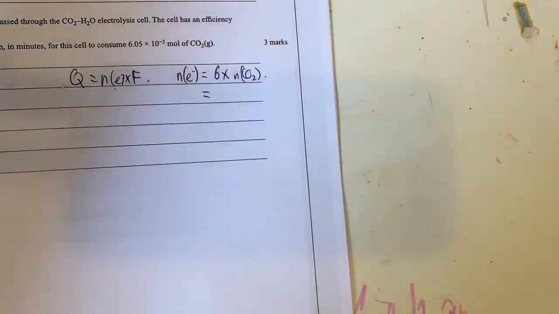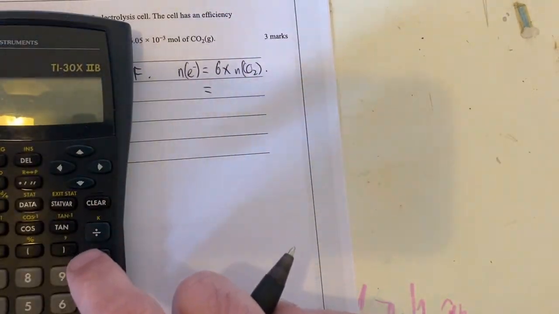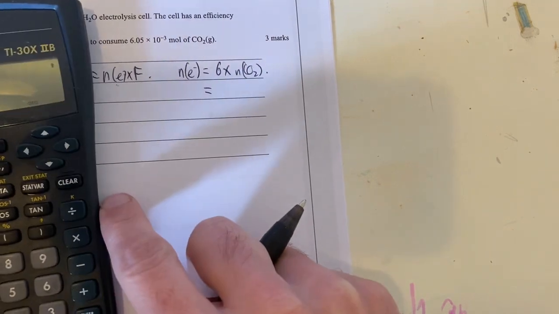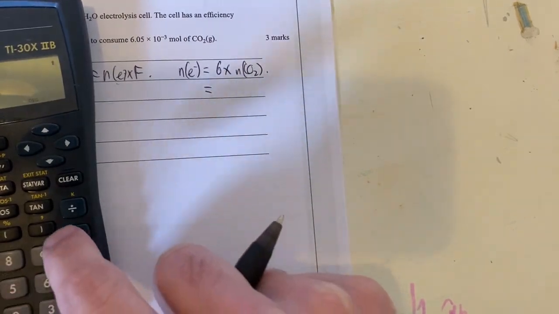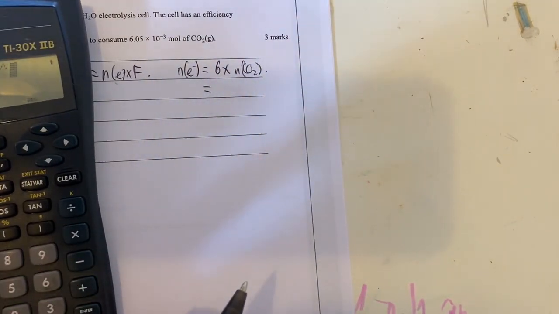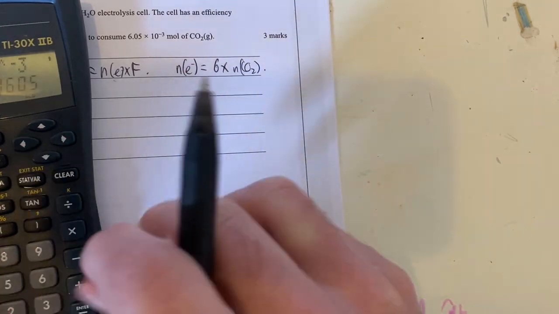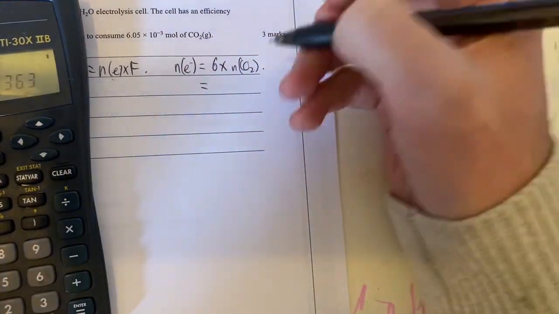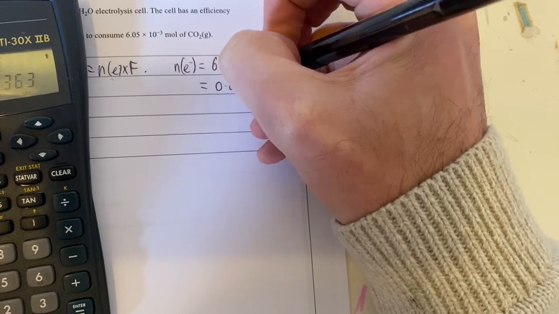Let's get my trusty calculator out. 6.05 times 10 to the power of -3. Yep, that's fine. Times that by 6 gives me 0.0363 moles of electrons.